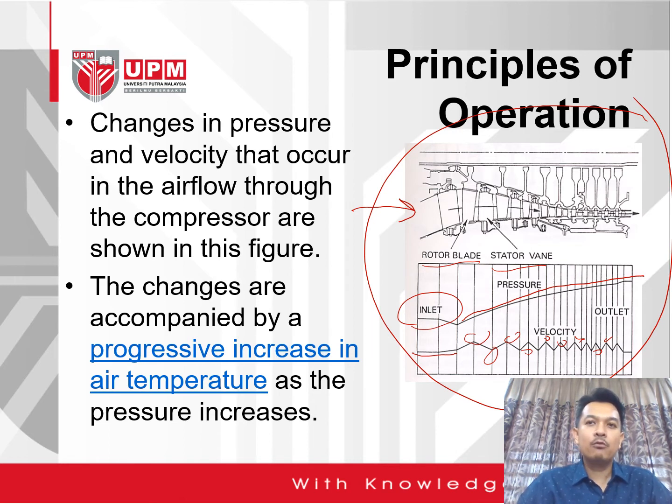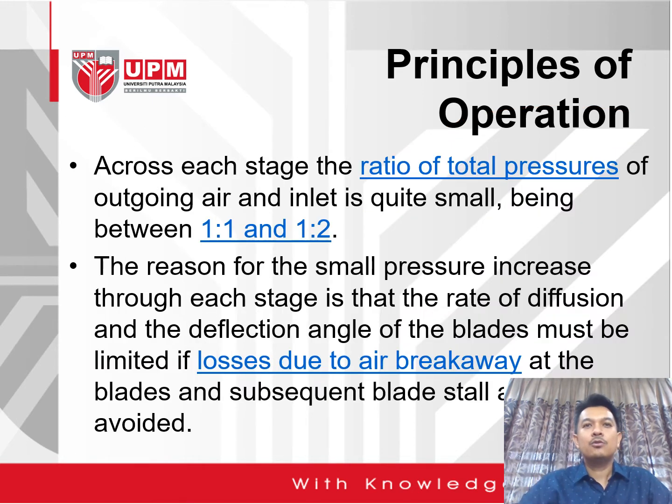So apart from the increase of the pressure and the changes of velocity, we also need to figure in the increase in air temperature as the pressure increases. So across each stage, the ratio of total pressures of outgoing air and inlet air is quite small, between 1.1 and 1.2.